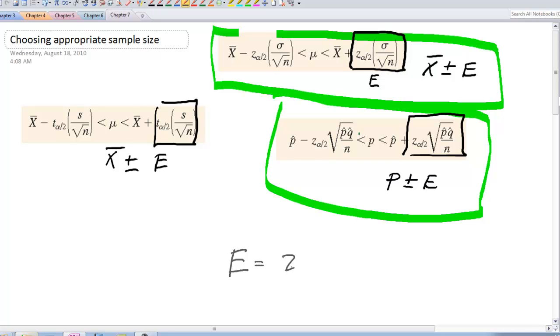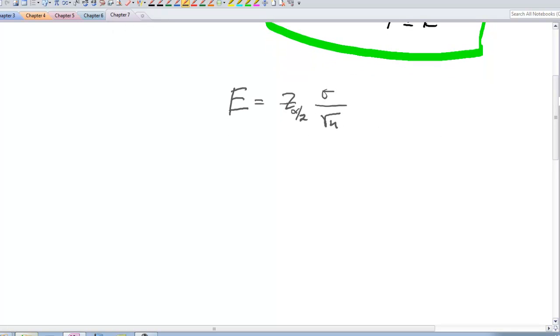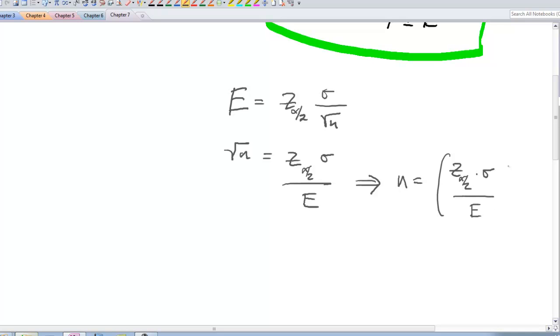The reason for that is you can take this and say, okay, given e, which is equal to z alpha over 2 times sigma over the square root of n, I can solve for the sample size n by multiplying the square root of n up here and simultaneously dividing both sides by e, and then I square both sides, and my formula becomes n equals z alpha over 2 times sigma over e, squared.